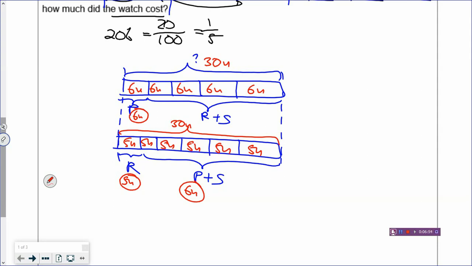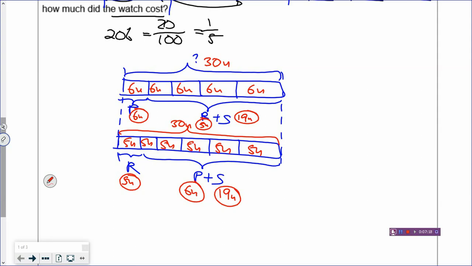There will be 30 units minus 5 minus 6. That will give you 19 units. So Steve has 19 units. Let's just make the model clearer. So Ron has 5 units over here.